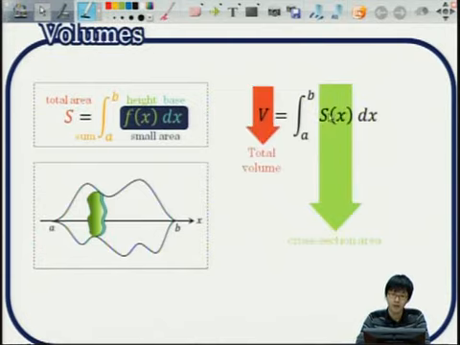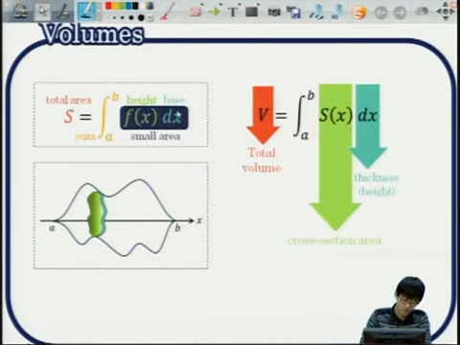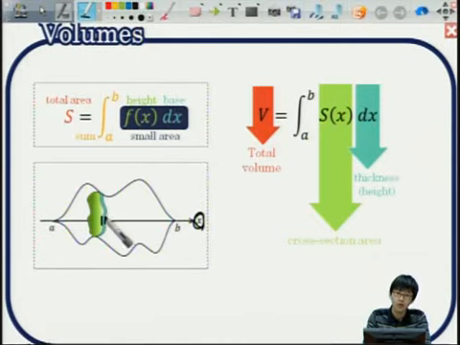And this S(x) is the cross-section area, which means this area is this S(x). You have to make this cross-section area into a function of x. Then this dx will be this thickness, which, this is the x-axis, so this much here with this green-blue part will be dx, right?